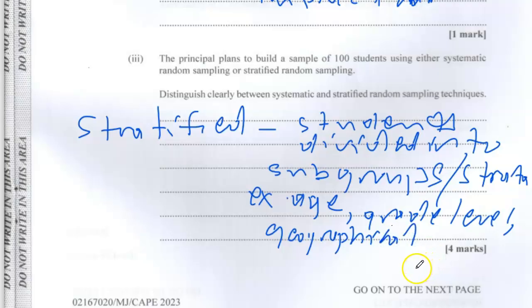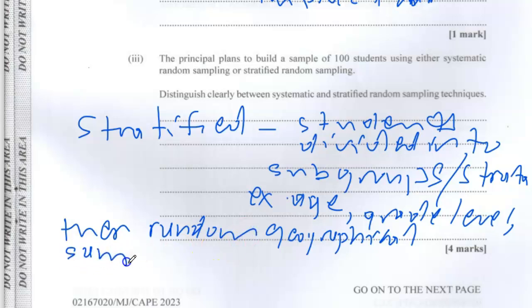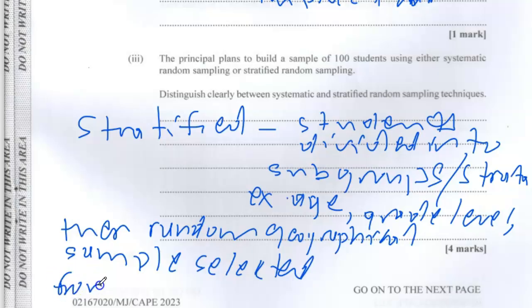And then now, a random sample is selected from each group. So after dividing the students into subgroups, a random sample is selected from each strata, the subgroups, as we call them, right?